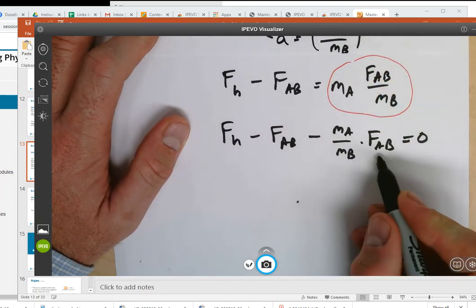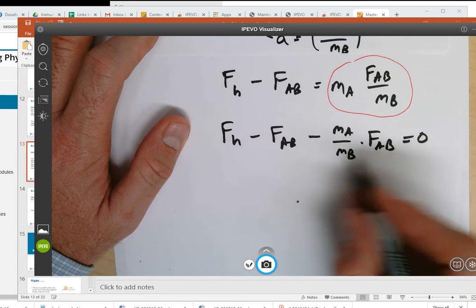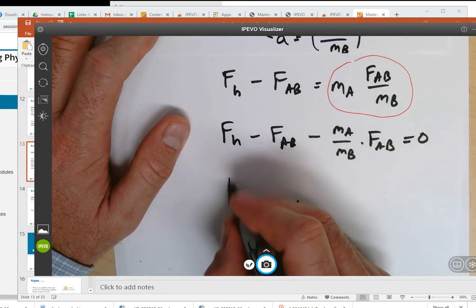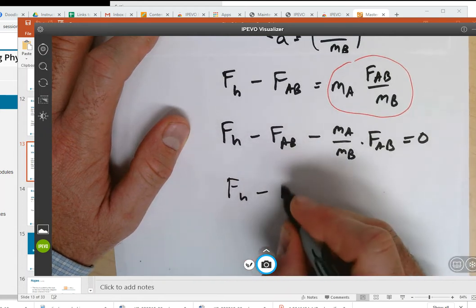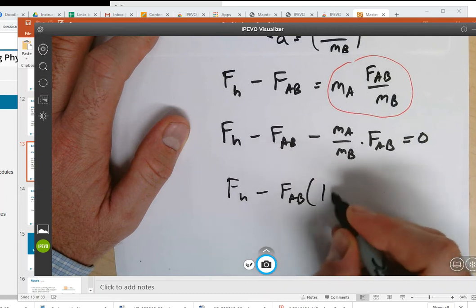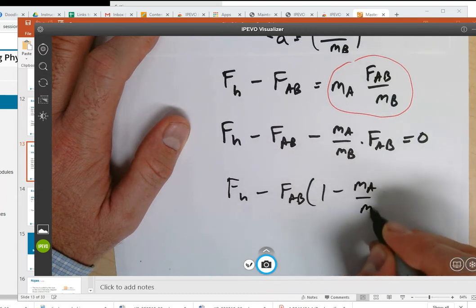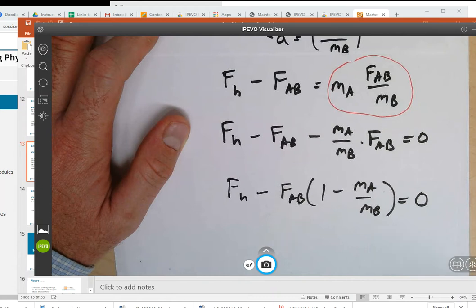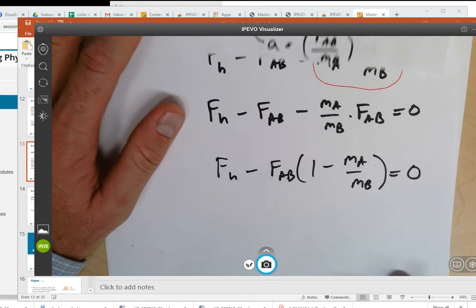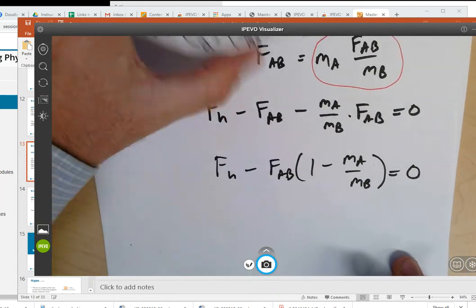Now I can use the distributive property and group these two terms here. I can say FH minus FAB times 1 minus MA over MB, that's equal to 0. So we're getting close now to being able to solve the problem.